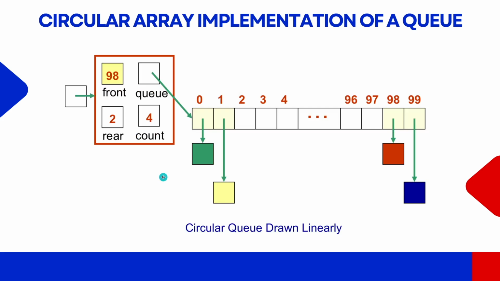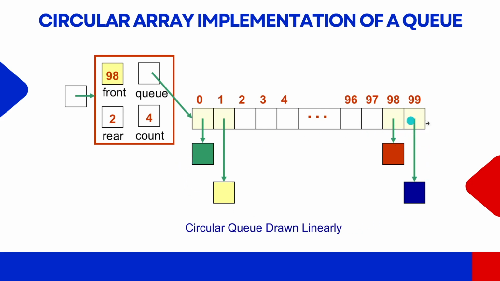In this slide, you see the same example, where we have drawn the circular queue in a linear fashion. This was the arrangement we witnessed on the previous slide. We had the value for front as 98. This is the element that entered the queue first at this point of time, and we have elements 98, 99, followed by 0 and 1.